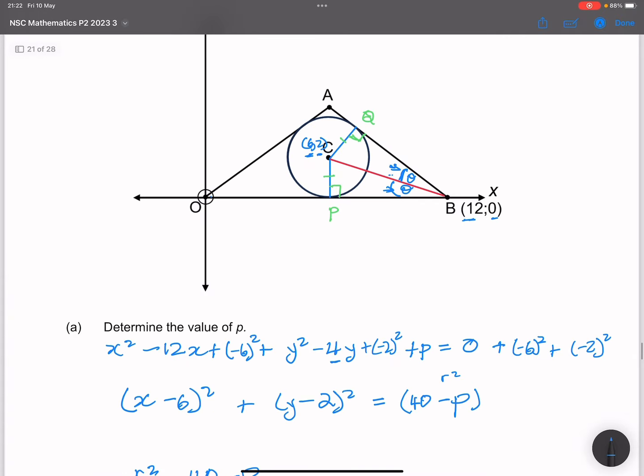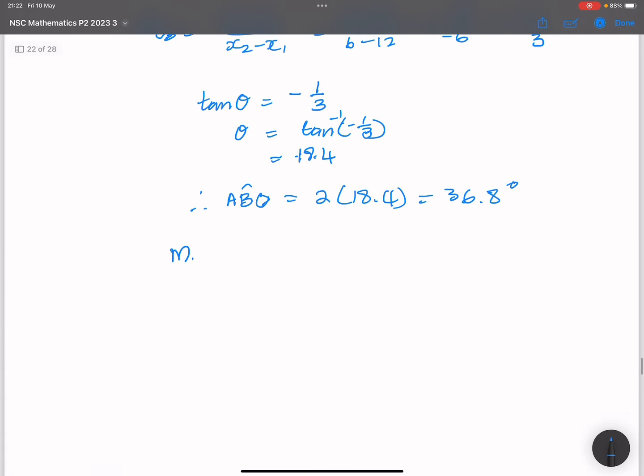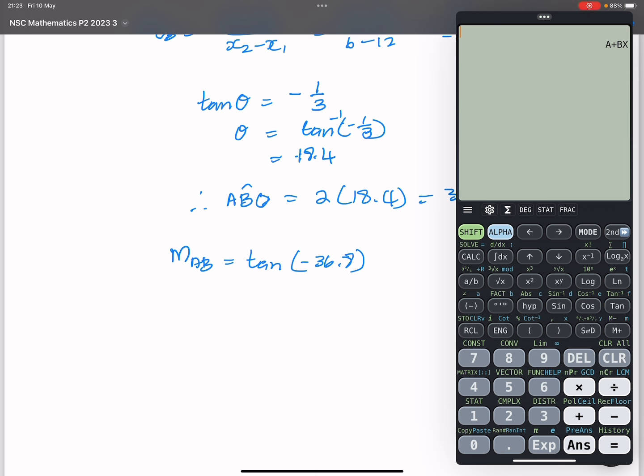Now we can find out the gradient of the line AB, right? So mAB would be the tangent of, so that would be on the negative side there. That's negative 36.8. So that's the tangent of negative 36.8. Okay, we get 0.7.